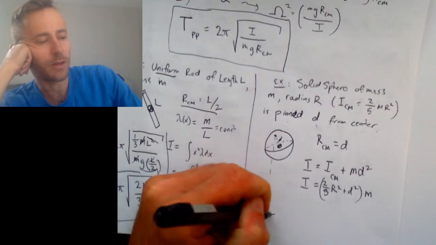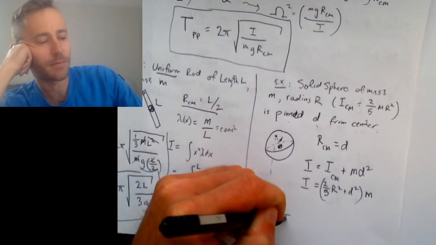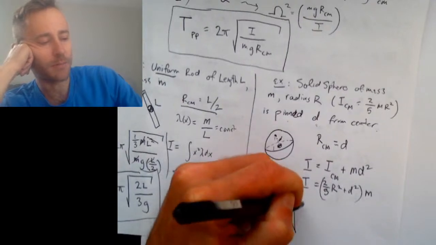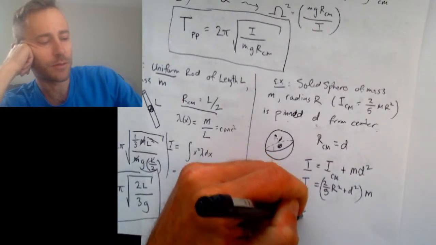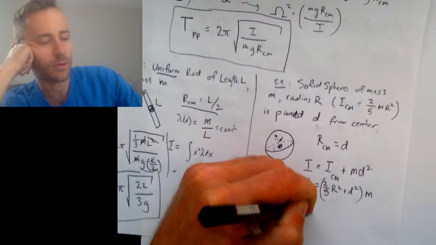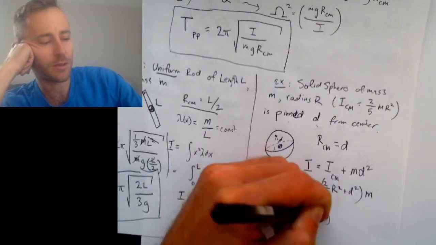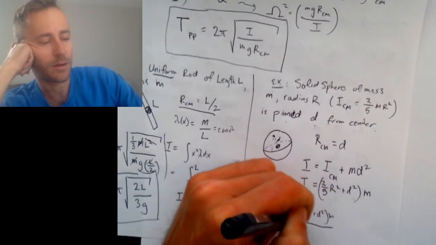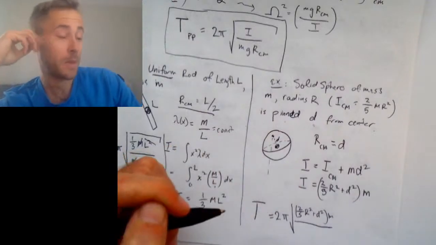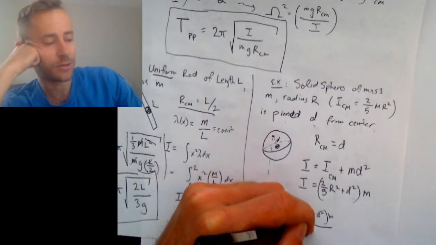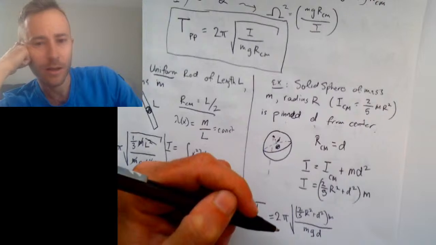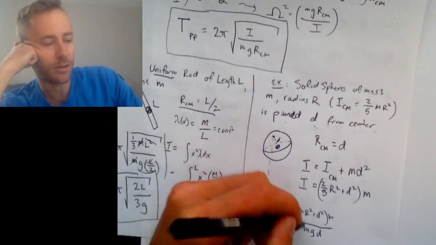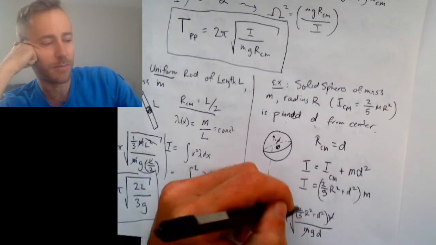So now I have everything that I need in order to calculate the period. The period is 2 pi square root of (2/5 r squared plus d squared) times m, over m g d. And I can see that the only thing that's canceling here is m.